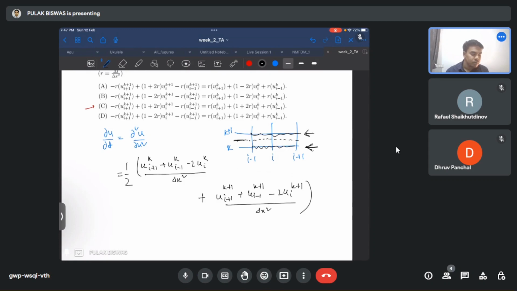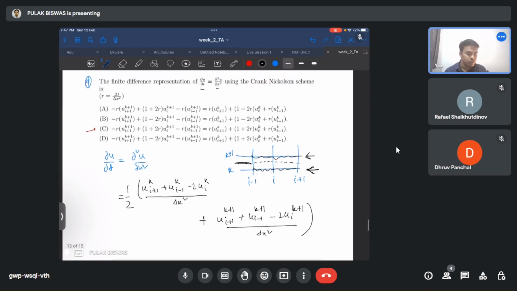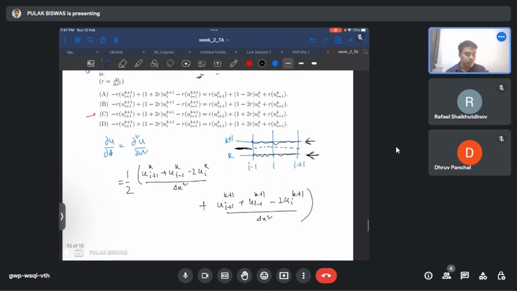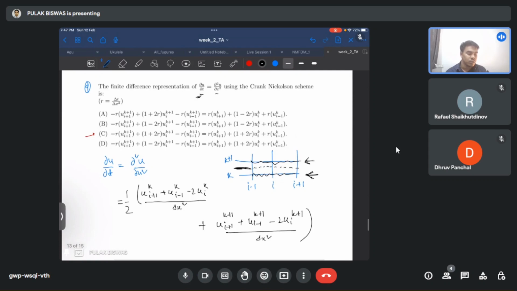So your time derivative should also appear at this middle point. You are using the central difference, you can assume, at i, k plus 1 minus u(i, k), but that k is your below point, considering this as your level of computation.